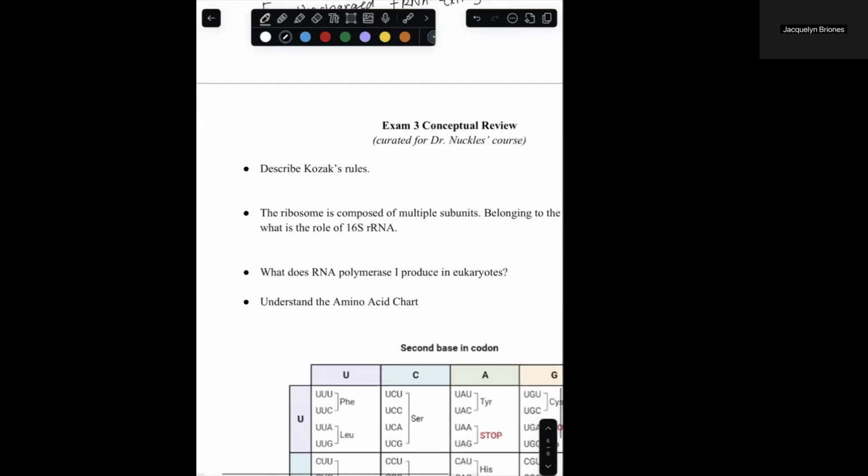Now Kozak's rule. These are just favorable sequences.